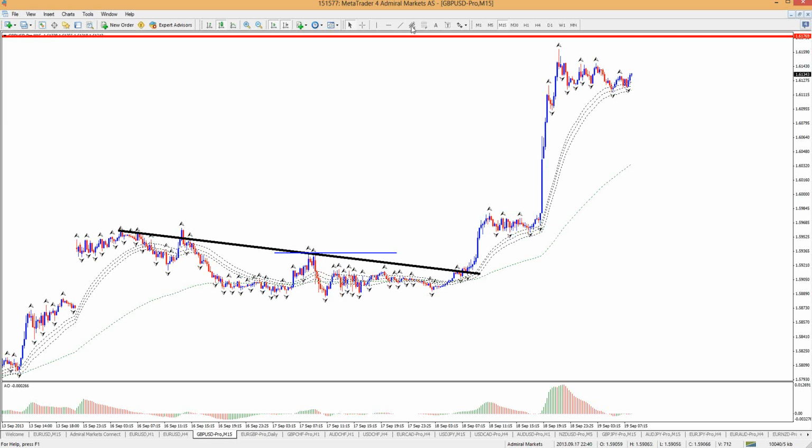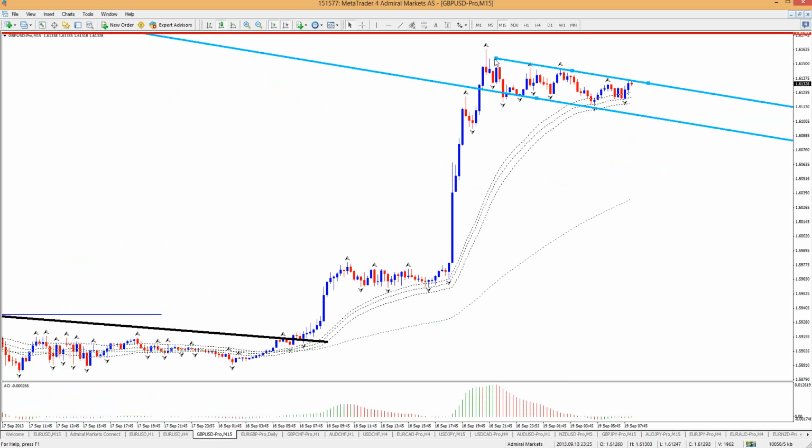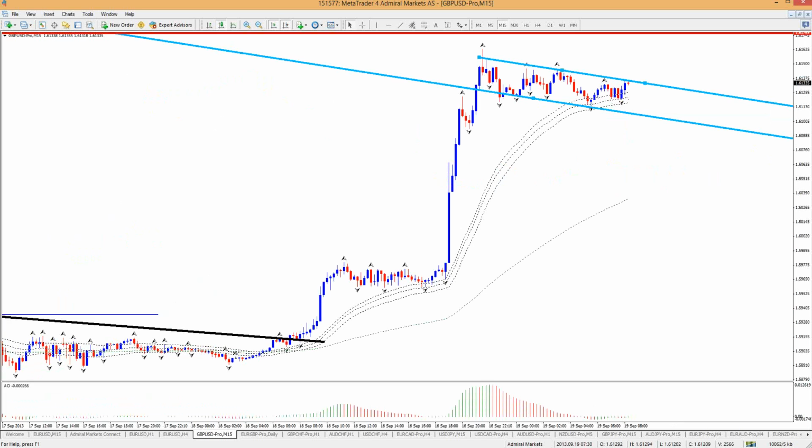So this technically looks again like a bull flag, but let's see. We got an oscillator back to the zero line. We are close to that resistance, as I said already. We're back at the 50-minute wave and using that as support at the moment, as you can see.